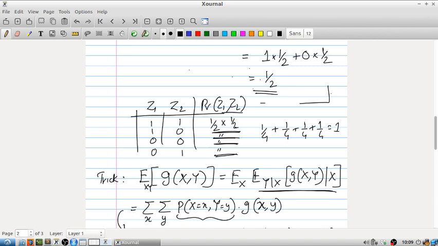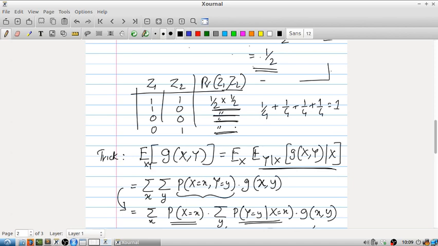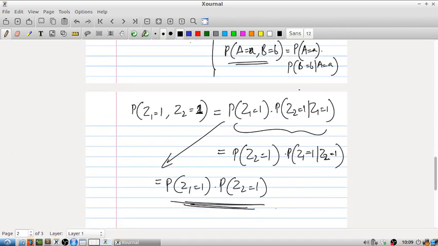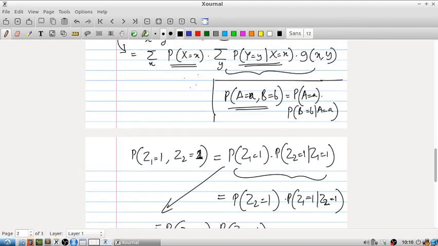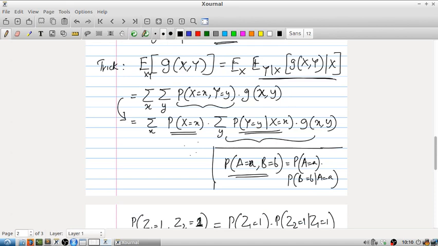In this example, I just chose them to be independent, and here I was just saying that if they are independent, then the second term just becomes, you delete the thing on the right side. That's all. But that's not very critical. All I'm saying is for any two random variables, you can always write it this way. And for x and y, I picked x first and then said, okay, let me take y given x. That's all I've done.